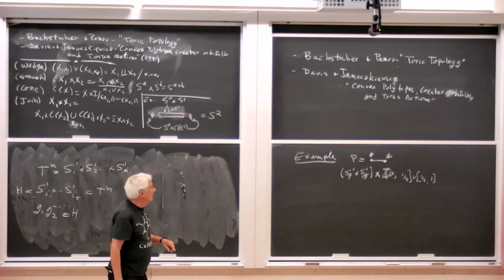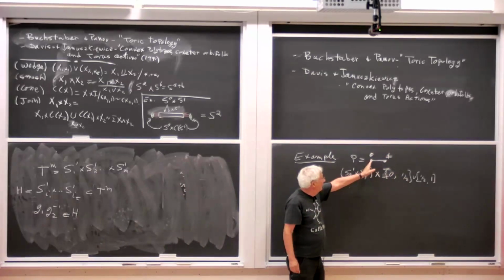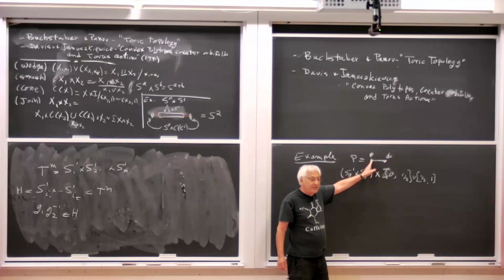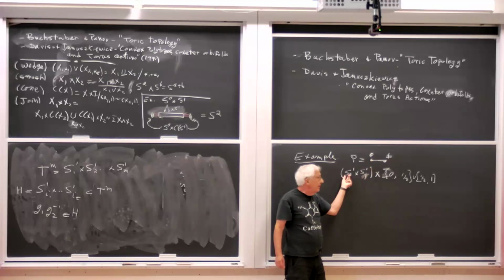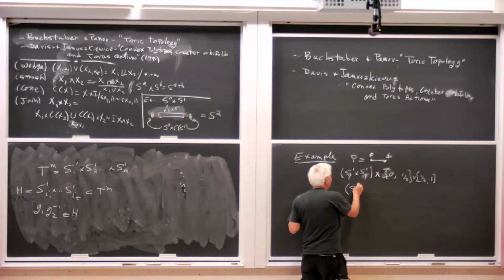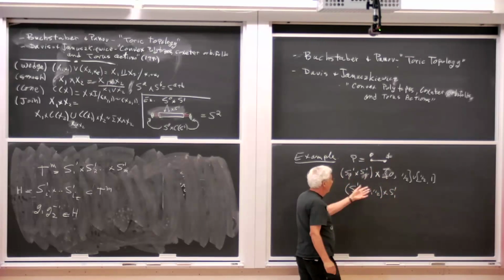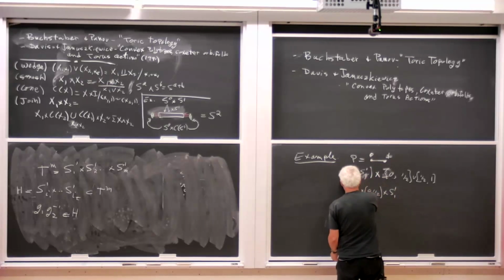Okay, so what do I do? I'm going to group this. Don't forget, when the torus is over this vertex, I'm going to collapse this to a point. So let's gather that together. So I just regroup that bit.